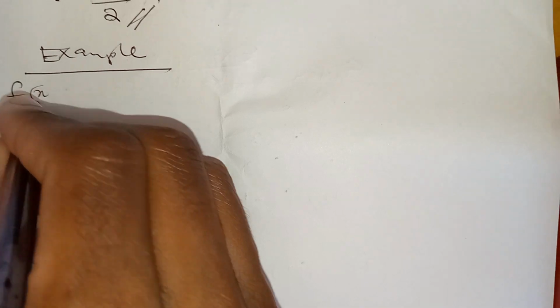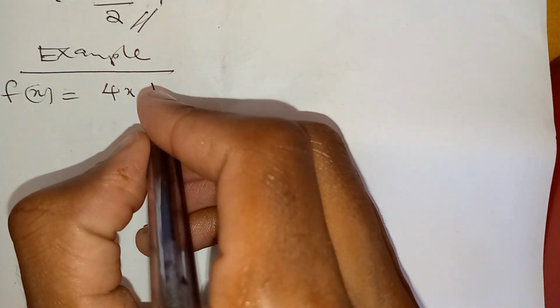So now let's take examples on how to deal with inverse functions. So we'll say given a function f of x is equals to, let's say, 4x plus 2.